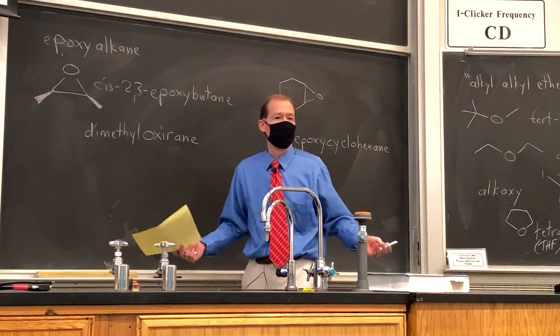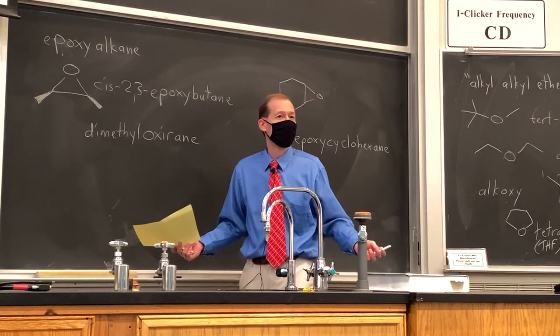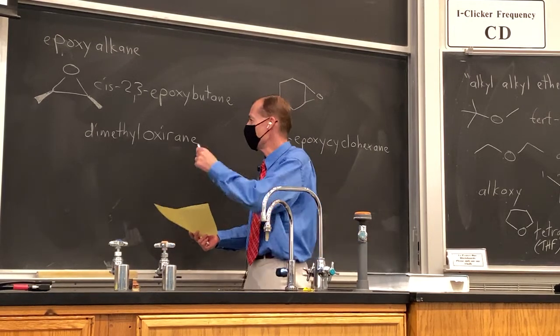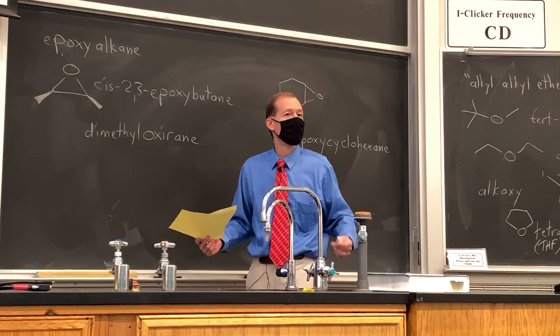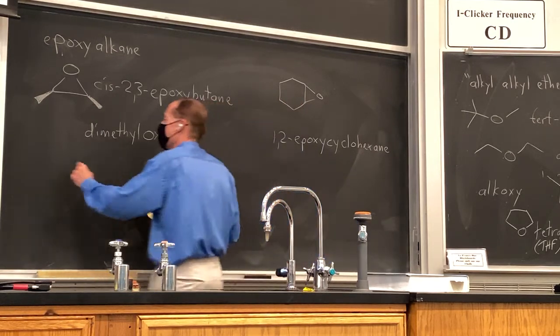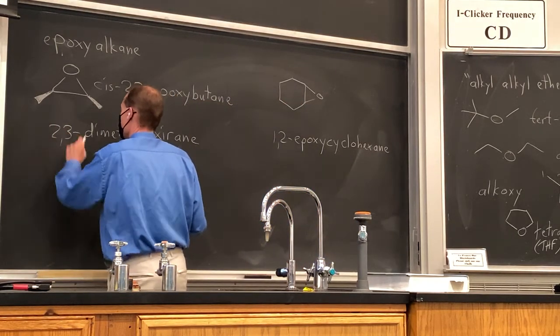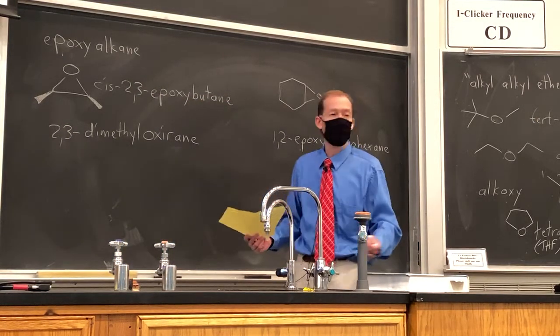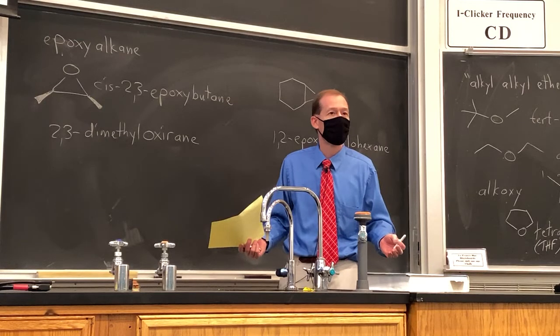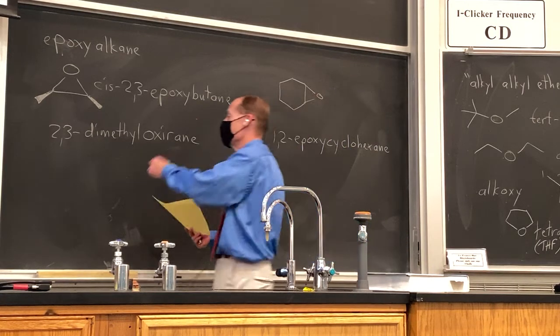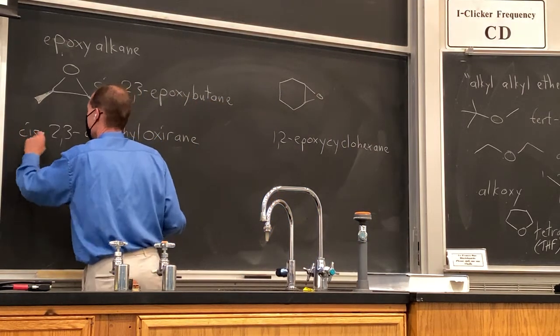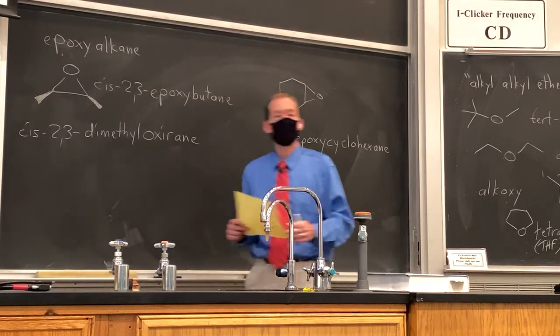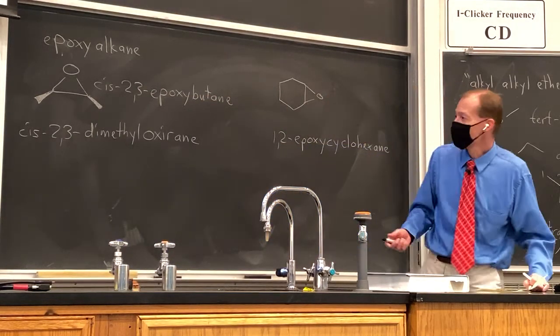What carbons are they on? What numbers go in front of dimethyl? 2, 3. Remember, the oxygen is always atom number 1. So in this case, it's 2,3-dimethyl. And then do we need another prefix in front of that? We need our cis in this case as well. Okay, so this is cis-2,3-dimethyl oxirane.